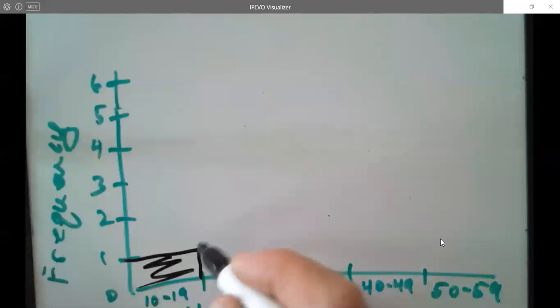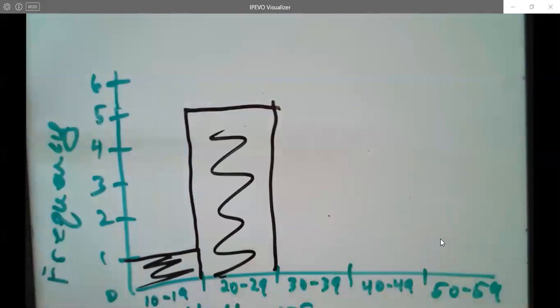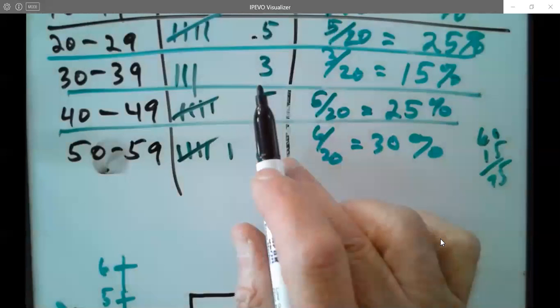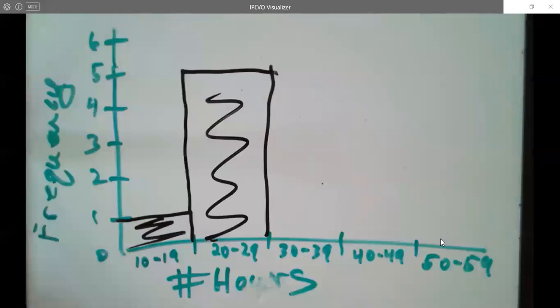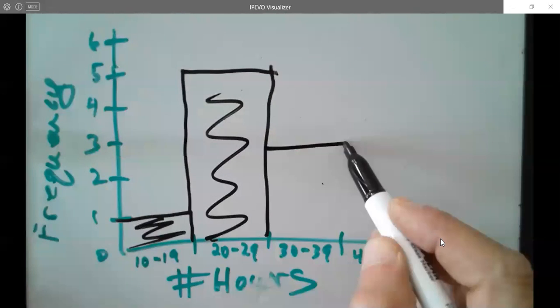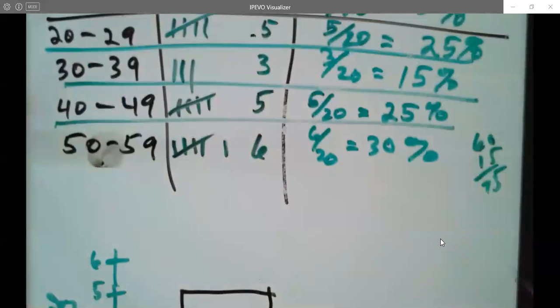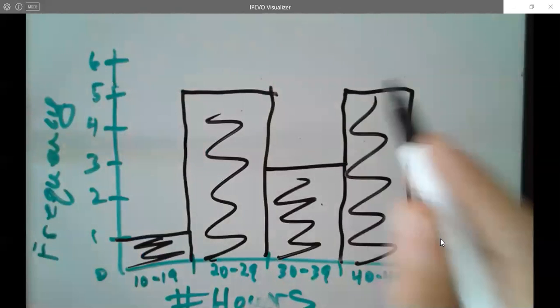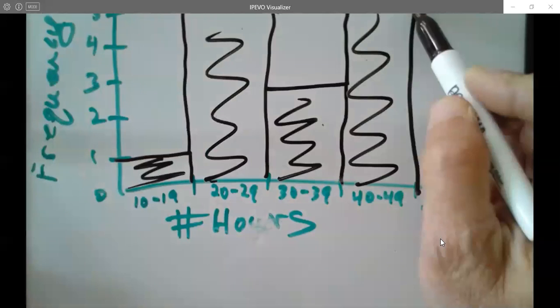So we go all the way up here to 5. Put a little squiggly line in it so that we can see the difference in the lines. 30 to 39, what are we going to put there for frequency? 3, right, good. You got this now. So here's 3. Then 40 to 49 is 5 again. And 50 to 59 is 6.